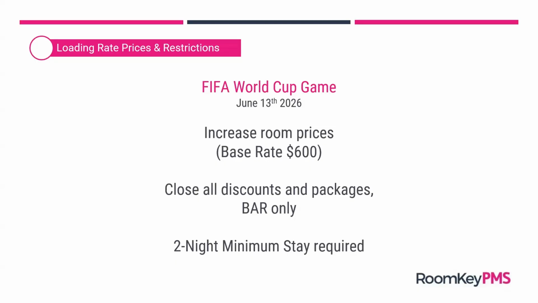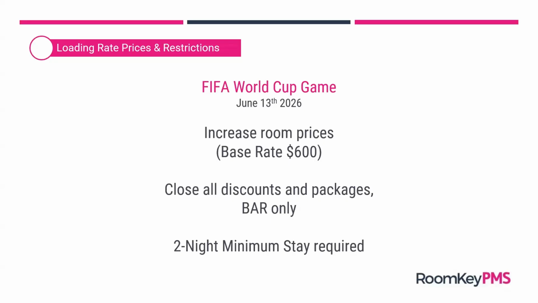I only want to make the best available rate available during those dates. I don't want to allow any discounted rates. I want to make sure, again, that you're maximizing your room revenue for that special event. Lastly, I'll go ahead and put on a 2-night minimum stay, and we'll be able to see how that restriction can be applied, and we can discuss those stay-through options as well.